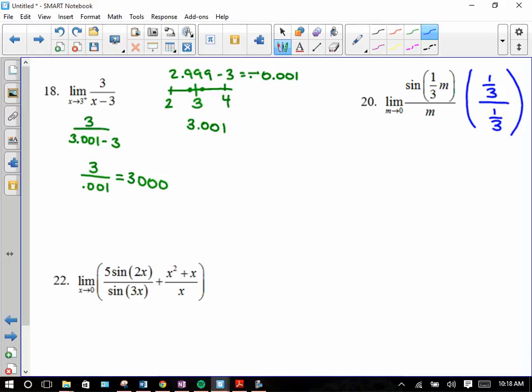Okay? So that gives us the limit as n approaches 0 of 1/3 sine of 1/3 n divided by 1/3 n. Properties of limits allow us to do what with this 1/3 right here?